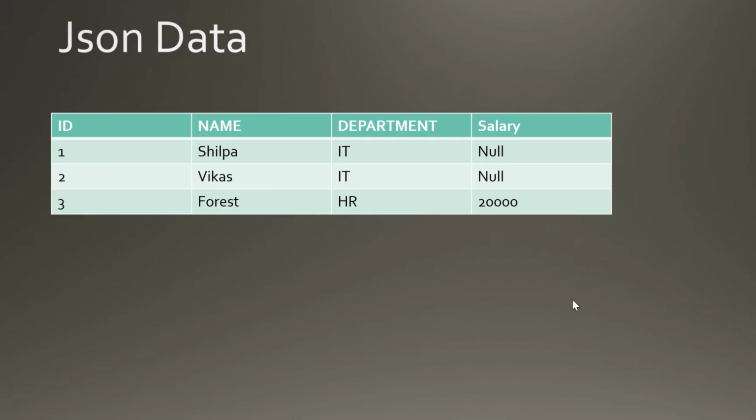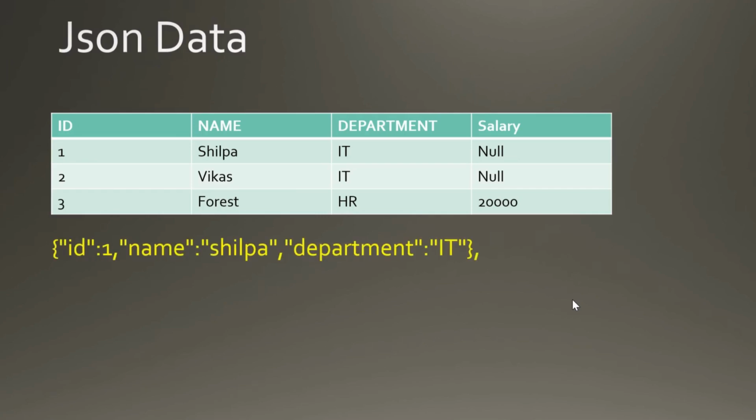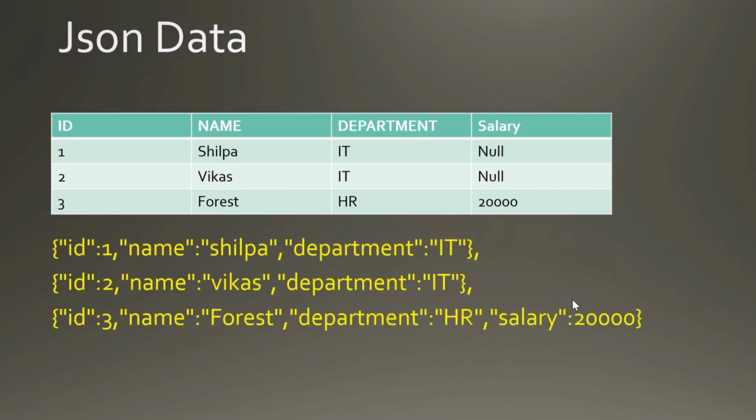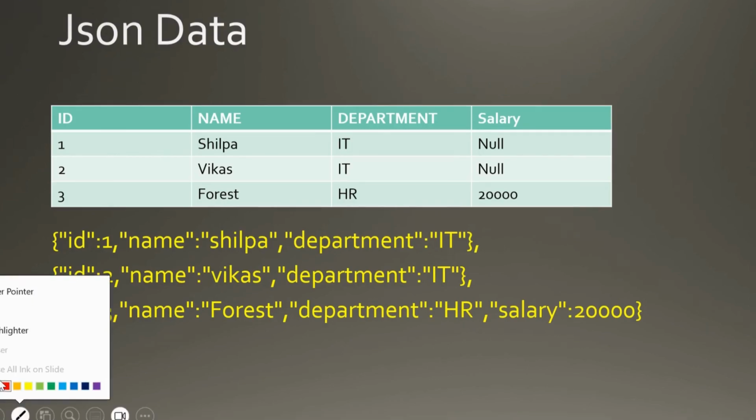Here the advantage of JSON comes into the picture. JSON is semi-structured data, so you can introduce the salary only in ID 3, and for the rest you don't need to declare the salary. Like in this example, where you have a salary at the end.